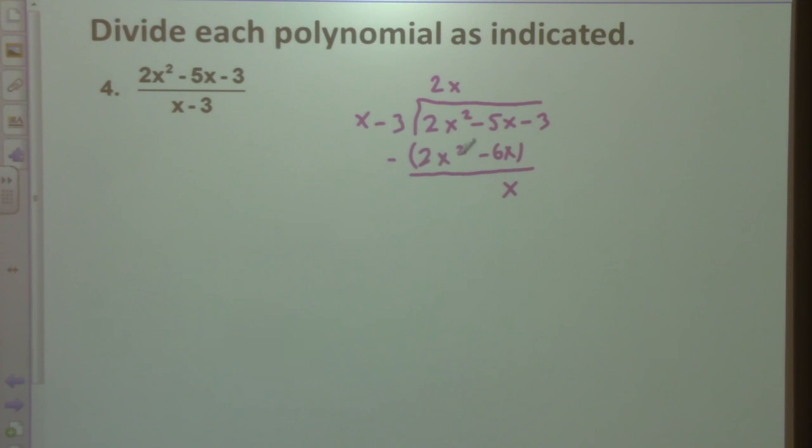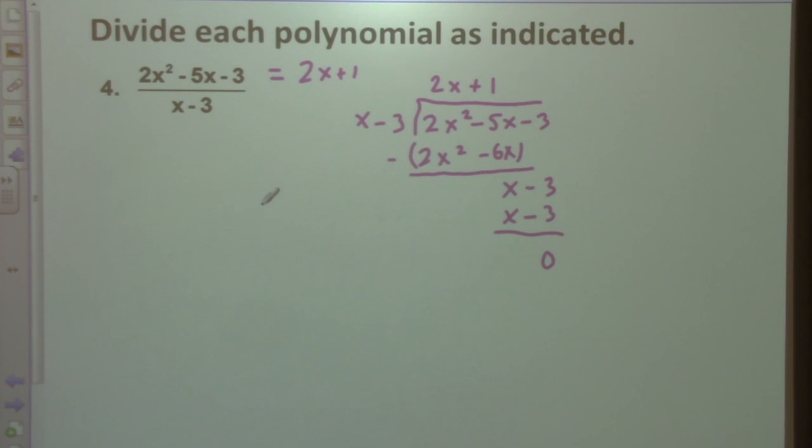Think about it, right? -5 plus 6. And then we can bring down this -3, and x divided by x is 1. 1 times x, 1 times -3. What is our remainder? 0. So our answer to this division is going to be 2x plus 1.